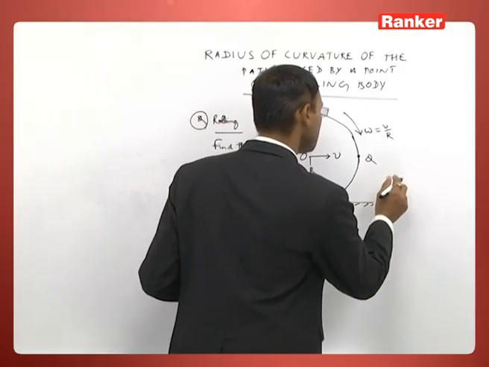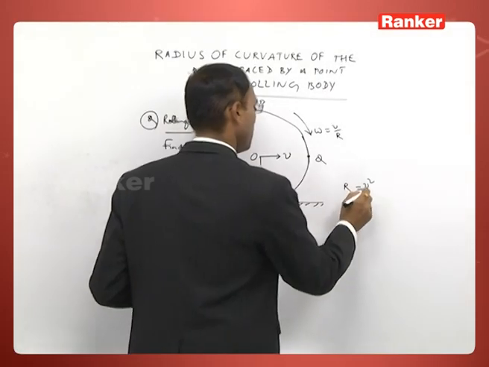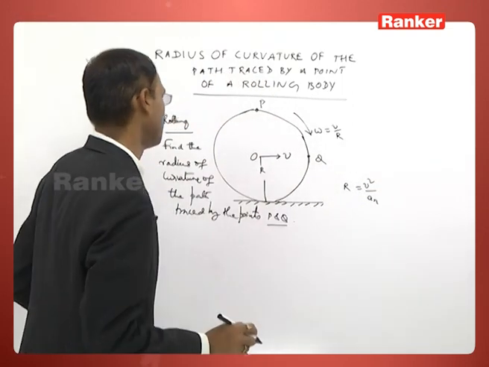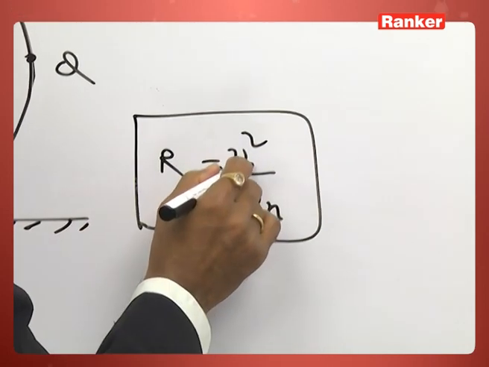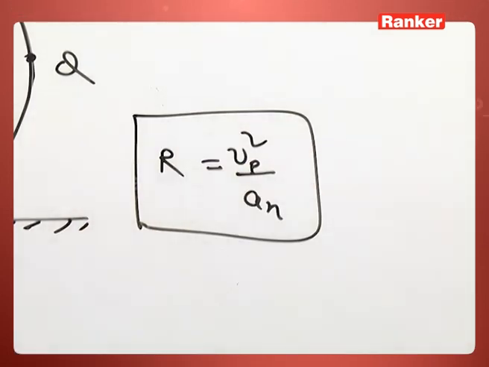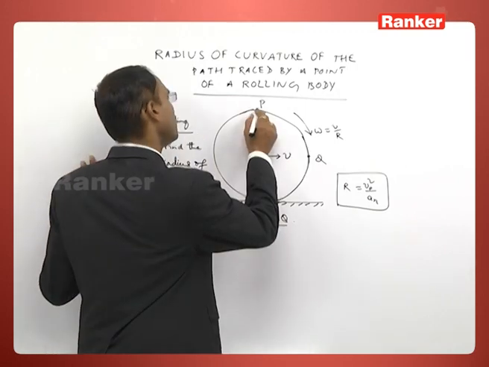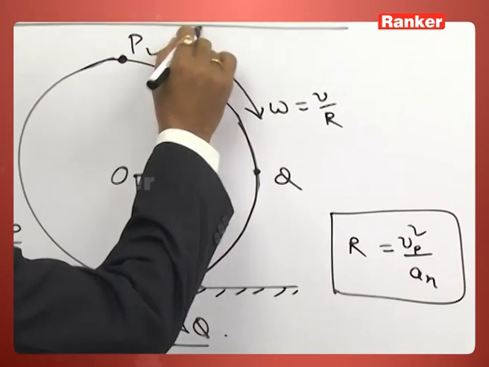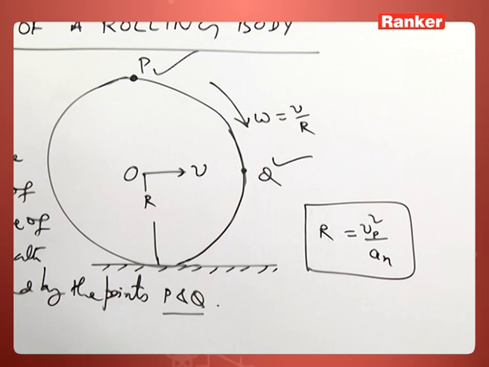Our formula is R is equal to v square by normal component of the acceleration. v is the velocity of that point. To solve it, we need to calculate the velocity of this point, and the acceleration of this point P and of the point Q along which direction?